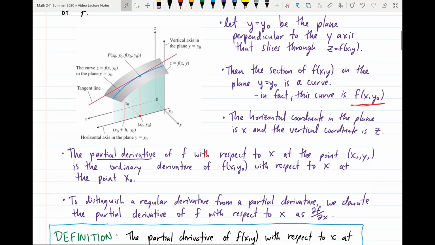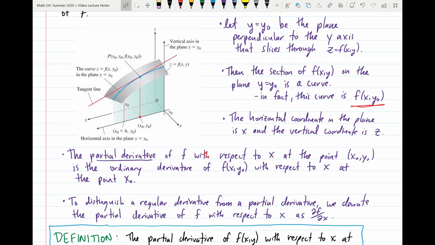And now we get to the idea of the partial derivative. So the partial derivative of our function f with respect to x at the point (x naught, y naught) is the ordinary derivative, and by ordinary derivative I just mean the derivative from Calc 1, of the function f of x, y naught with respect to x at the point x naught. So that's a lot of different words there, but there are some things to recognize.